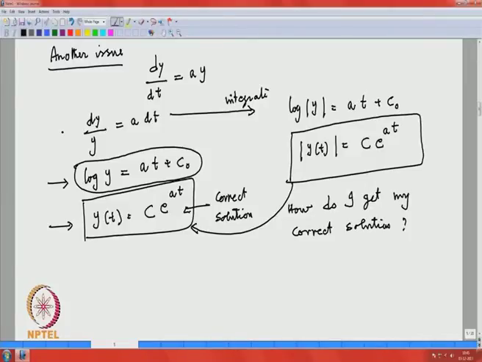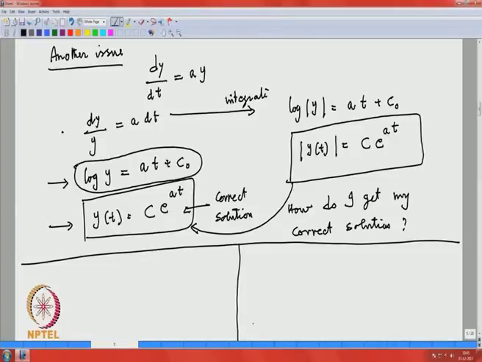So, here is something which I want to tell you, you may be able to follow that. Write this, maybe I use a different color, write this as modulus of y of t into e power minus a t.